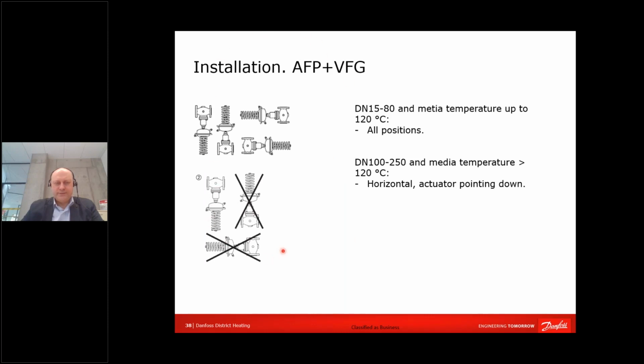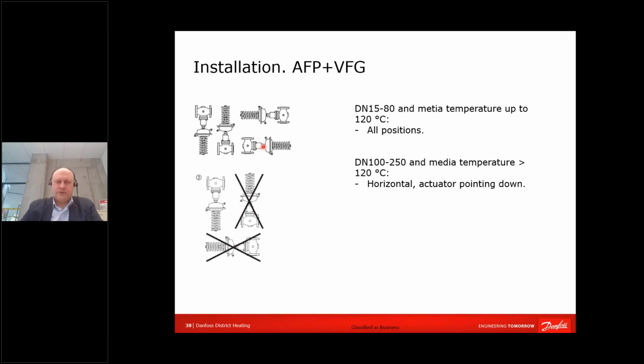With large control valves, I should also consider temperatures. DN15 to 80 valves can be installed in different positions, but larger ones not, because with time they can destroy the seals.